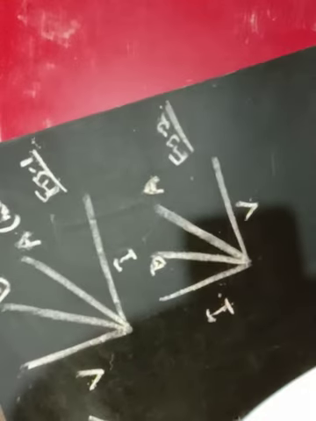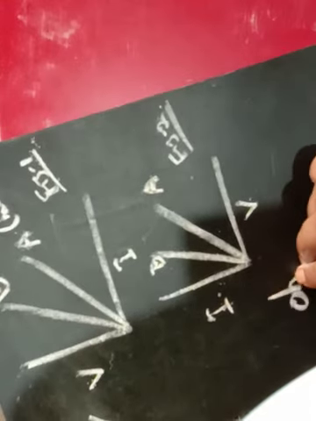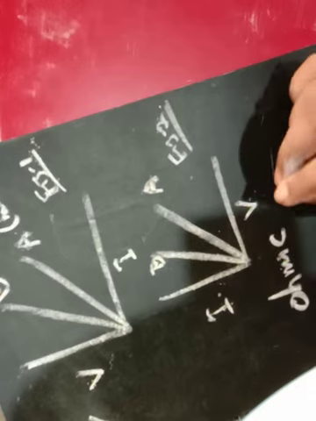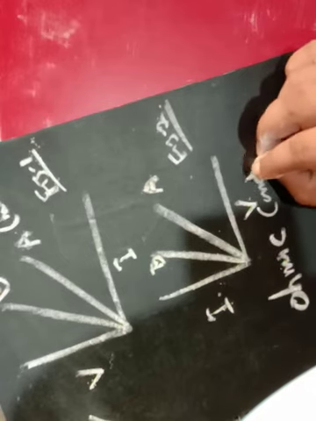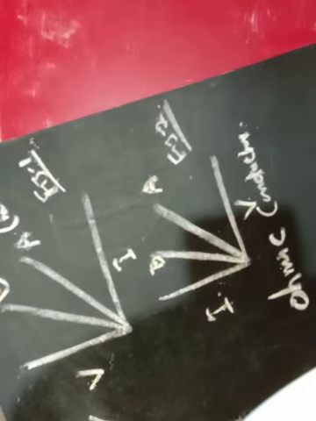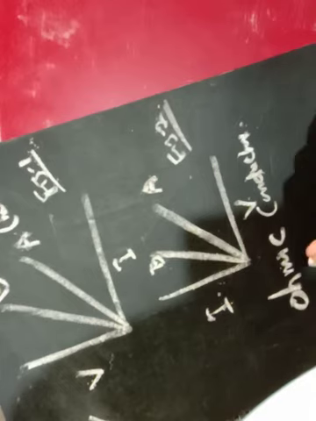And similarly, we have two types of conductor: one is the ohmic conductor, the other the non-ohmic conductor. Ohmic conductor किसको बोलते हैं?